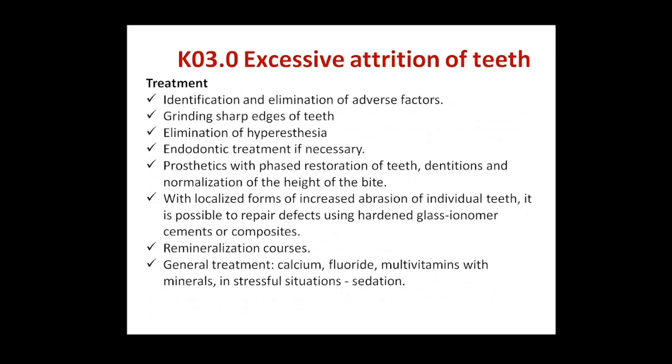As for the treatment plan, first we have to identify and eliminate adverse factors. Next, if needed, grinding sharp edges of teeth, elimination of hyperesthesia if it exists, if necessary, endodontic treatment, prosthetics with restoration of teeth, dentition and normalization of the height of the bite.